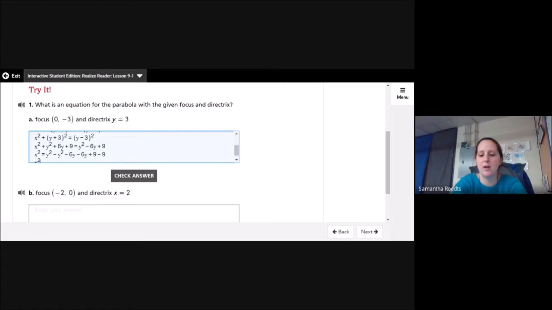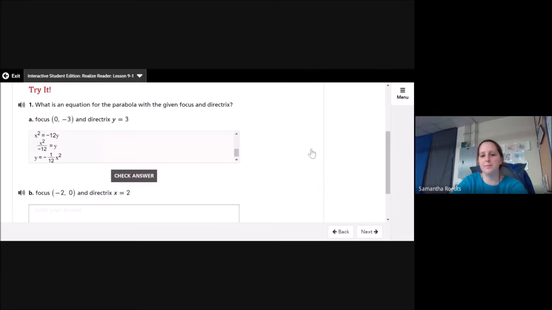That means x squared equals negative 12y. I'm going to solve for y, so I divide both sides by negative 12. So x squared divided by negative 12 equals y, so y equals negative 1/12 x squared. That's my equation for the parabola.